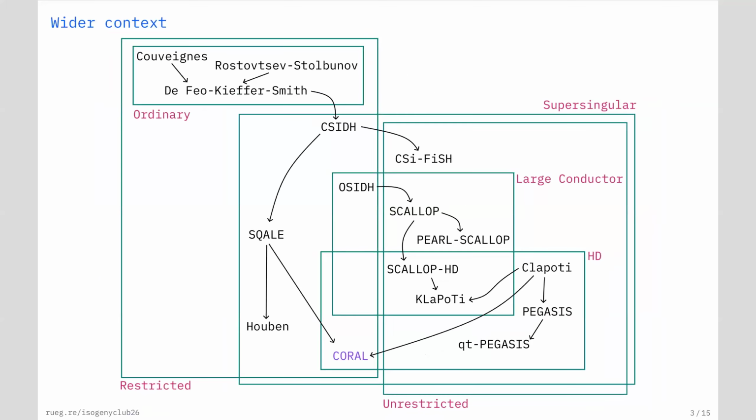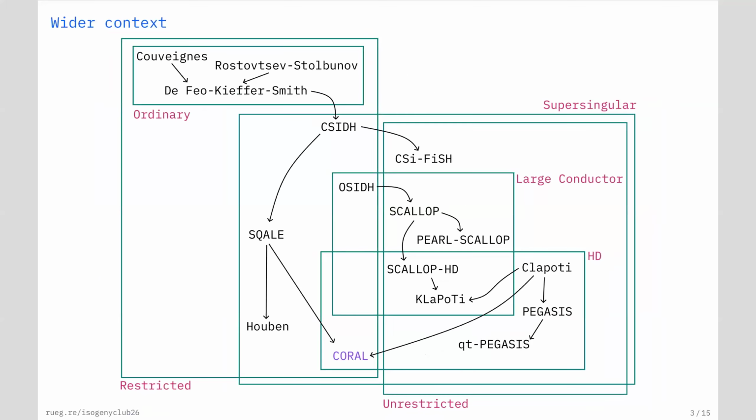All right, so in a bit of wider context, this is a snapshot of the current landscape in isogeny group action algorithms and partially also protocols. So I'll quickly go through this a little bit. It's sorted by time. At the top here, things that appeared first in the literature, and down here, things that appeared last.